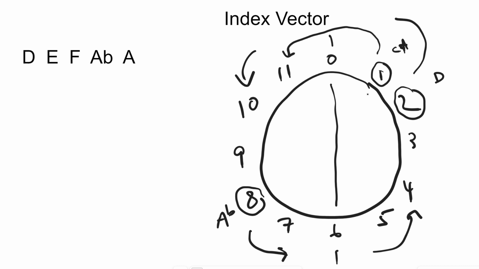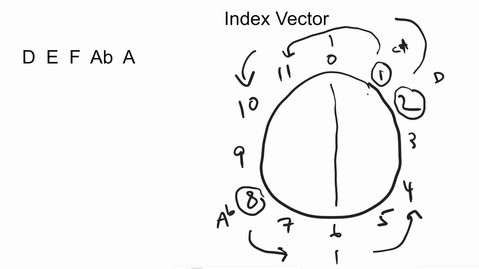So 1, 2, 8 is going to turn into 11, 10, 4 if we were to fold the clock face down the middle. Now we'll notice that if we add these numbers together, 1 and 11 is 12, 10 and 2 is 12, and 8 and 4 is 12. Those are all adding up to the same number, which is 12.